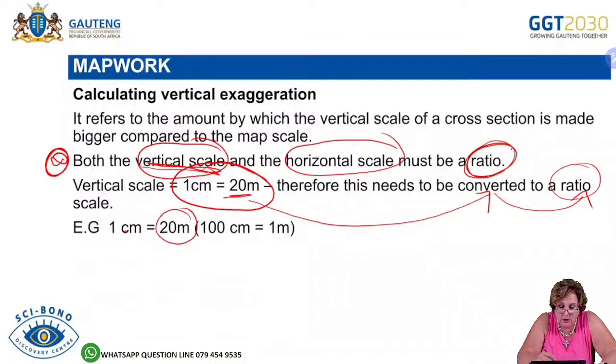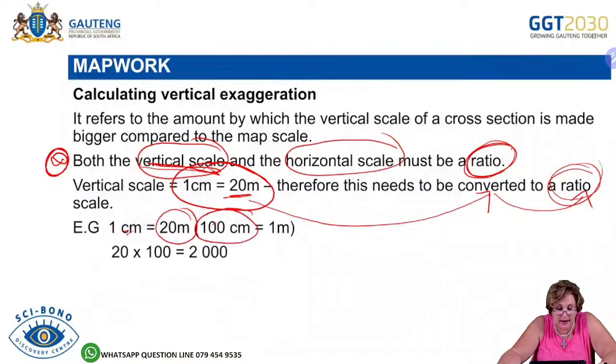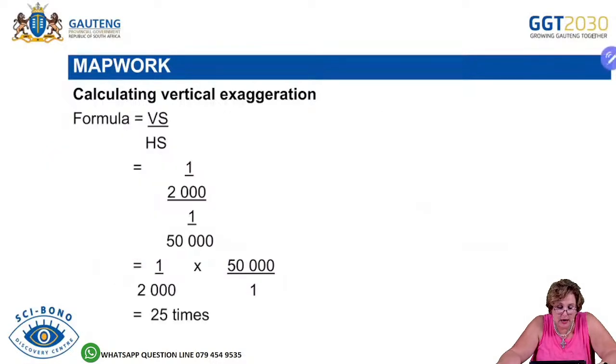What must I do? I must take it to a ratio scale. So I want both sides to be centimeters. I take that 20 meters, I times it by 100 so that I get 2,000. So my vertical scale now is 1 to 2,000.